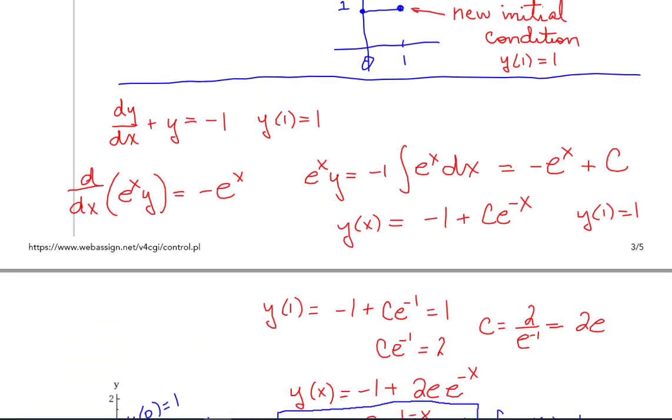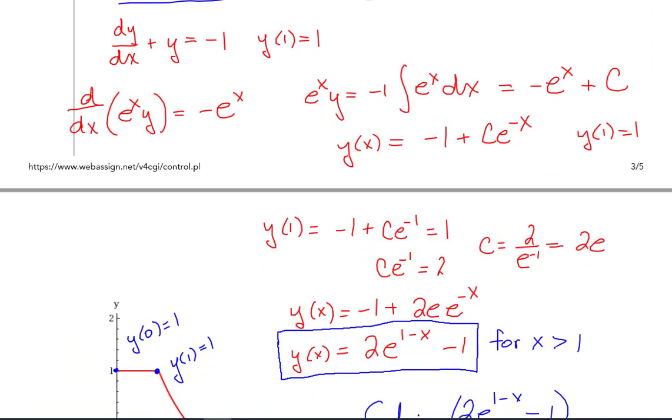And so now I solve part 2 using that particular fact. Same integrating factor. The right-hand side is a little different because of the minus 1. Otherwise, it's fairly easy to solve. So here's where my new initial condition is included. y at 1 is 1, and when I fill all that in, I figure out that C is 2 over e to the minus 1, which is just 2e.